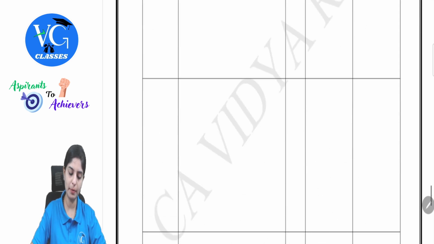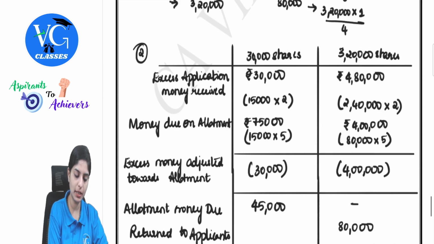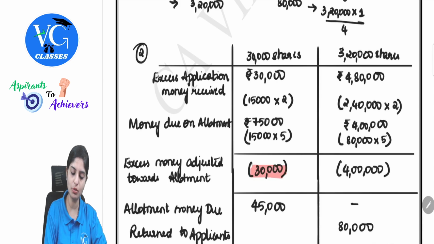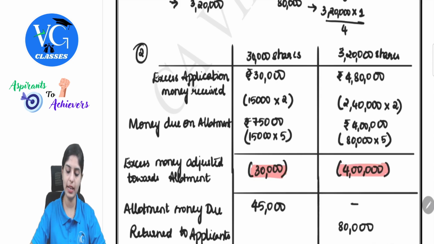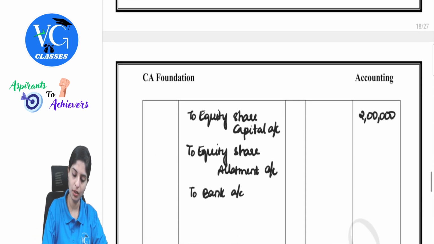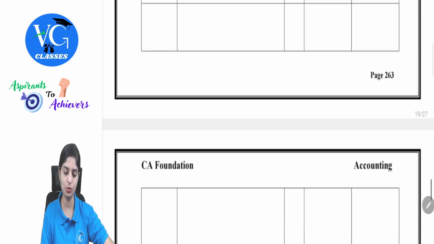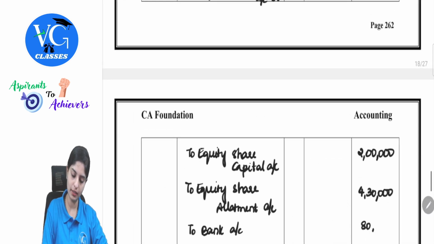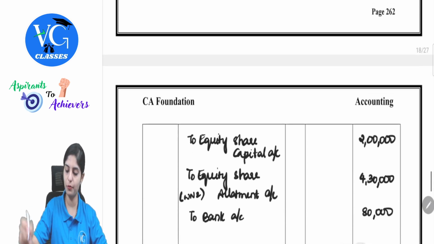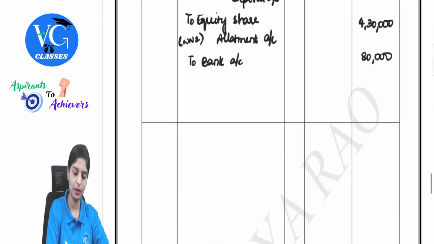To equity share allotment, how much did I transfer? See here, if you observe, excess money adjusted towards allotment was 30,000 and 4 lakh. So how much did I adjust? 4 lakh 30,000. On the same working note, there was also amount returned. How much? 80,000. You can refer to working note 2 for these calculations. So if you now consider, does it come to 7 lakh 10,000? Yes.